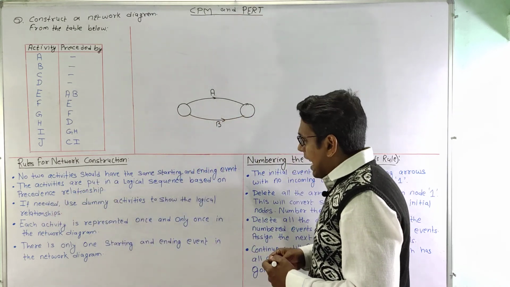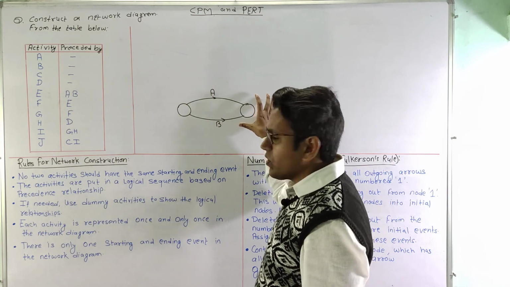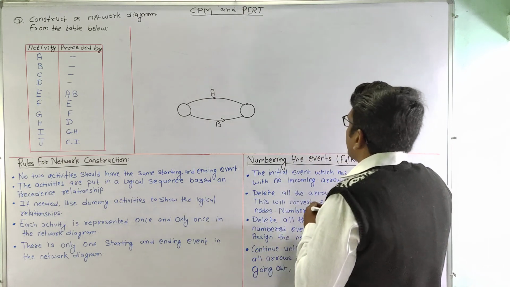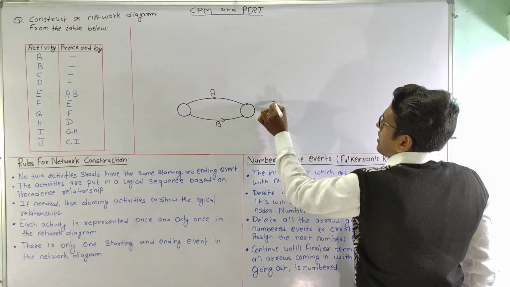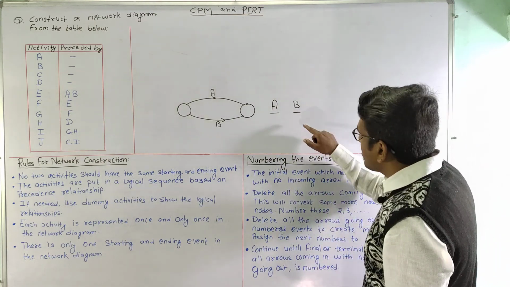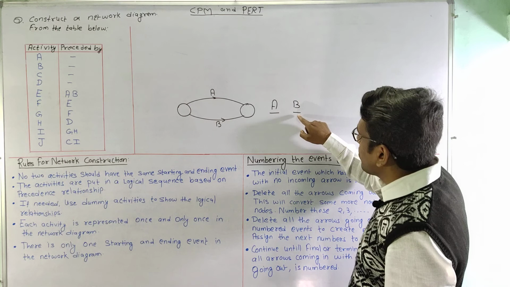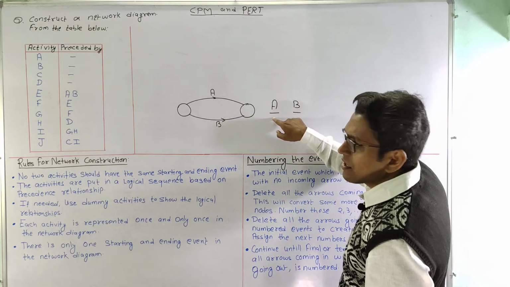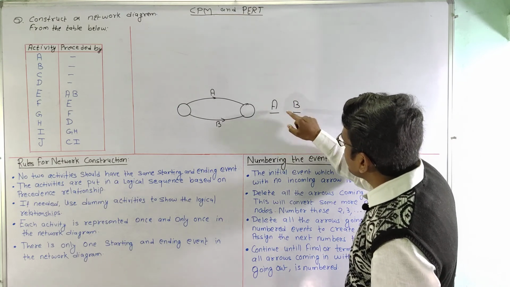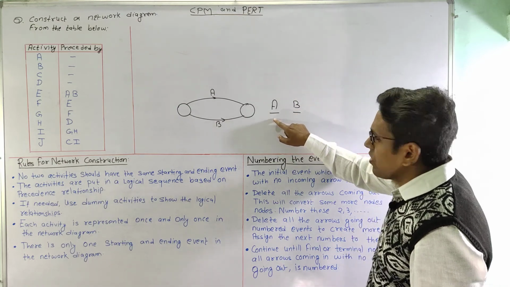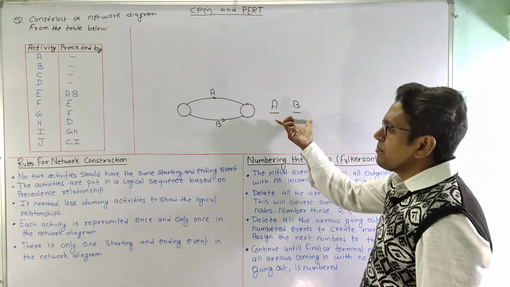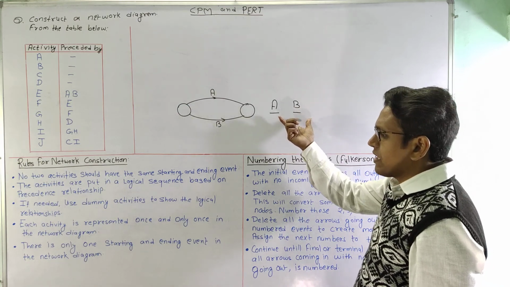That means if activity A and activity B need to be carried out, and we know that activity B can only start when activity A is completed, then we can say that activity B is preceded by activity A. This is called precedence, and we need to take care of this precedence while drawing the network diagram.